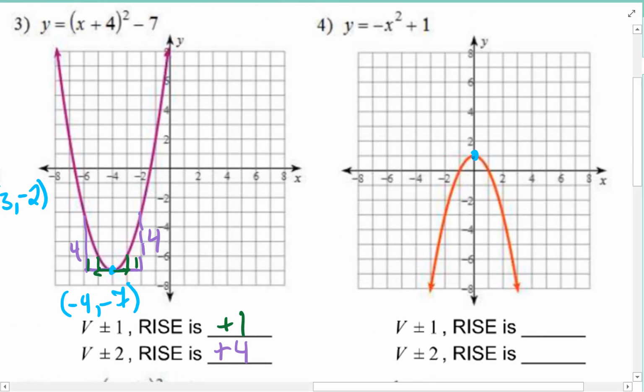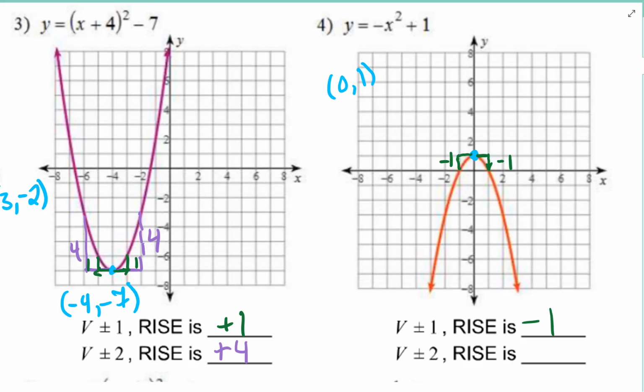Let's try this one. Our vertex here is at (0, 1). 1 unit away from the vertex, we rise -1 because we've now gone down. So if you go down, the rise is negative. 1 unit away from the vertex, -1 is the rise.